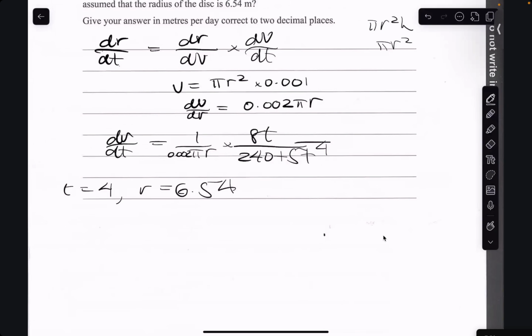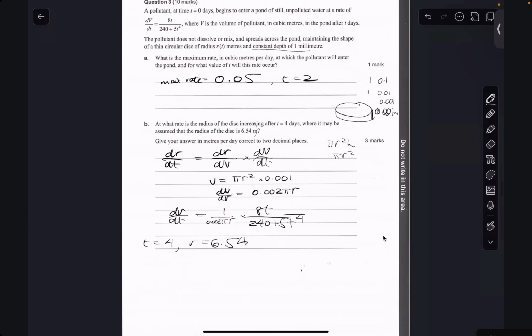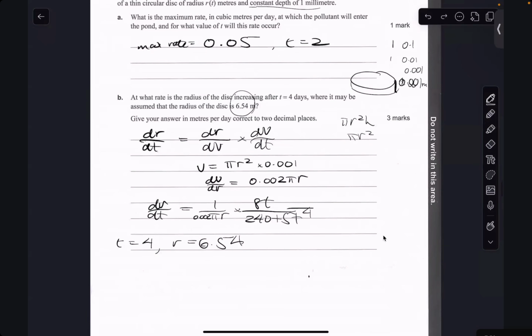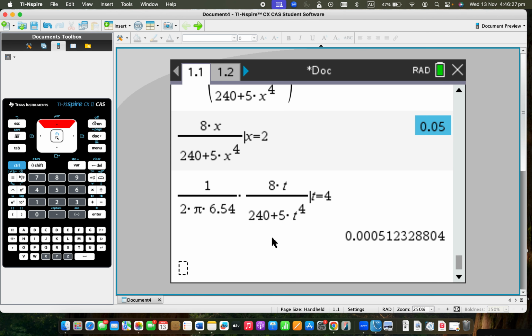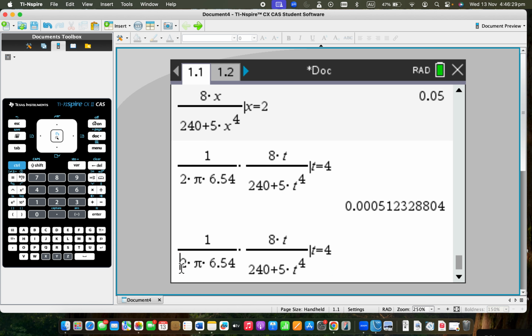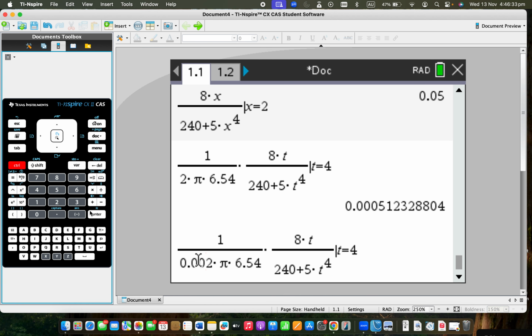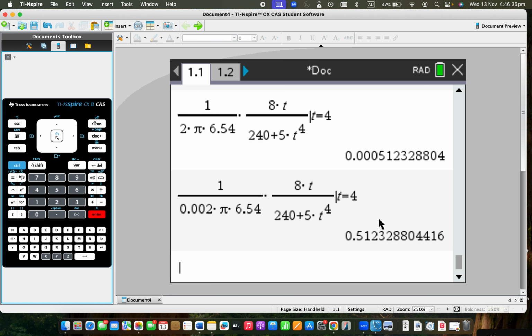That's in meters, and the radius is in meters. Okay, so I think all I need to do is fix that up by changing the decimal place. So that's 0.002. So to 2 decimal places, that's 0.51.